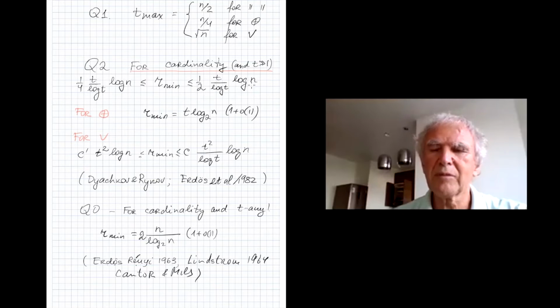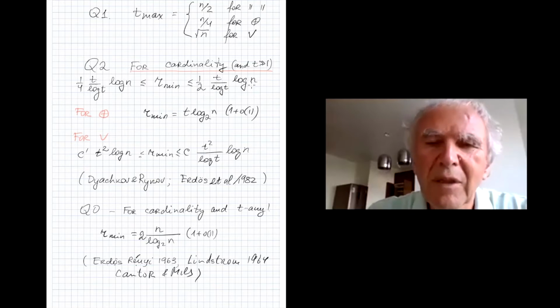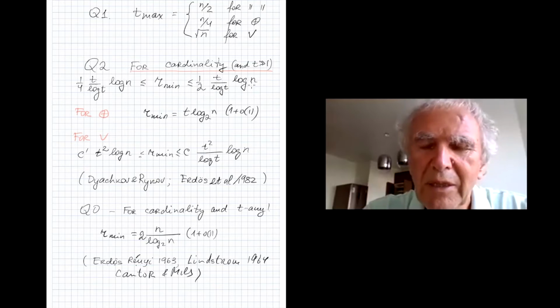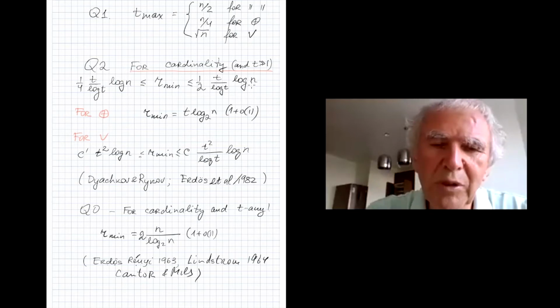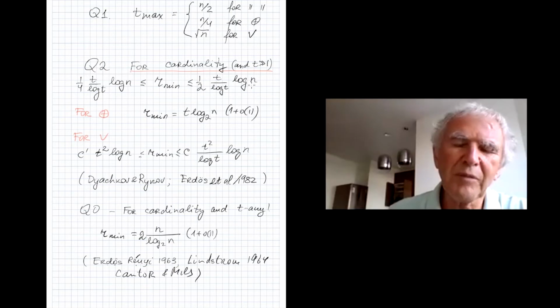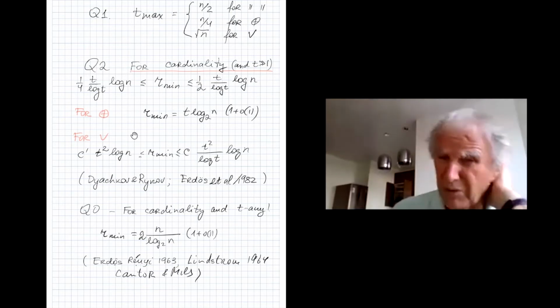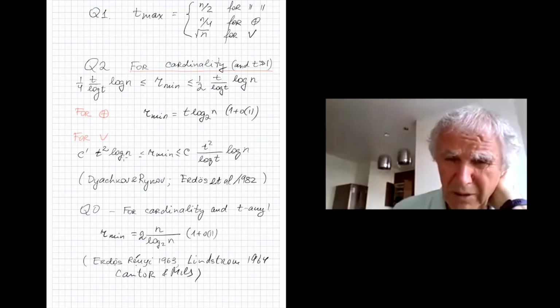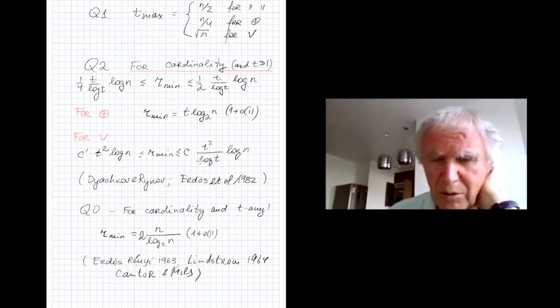I'm sorry, I put something in the wrong way. The log should be on the top here. So it's T squared log n, and no, our minimum is on the left and this is on the right.